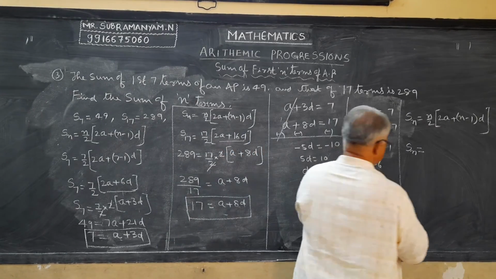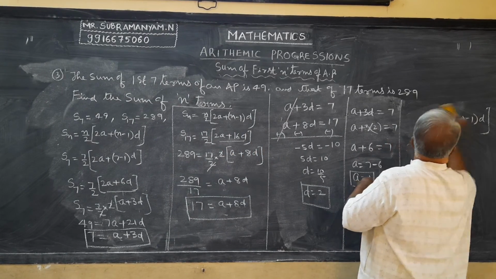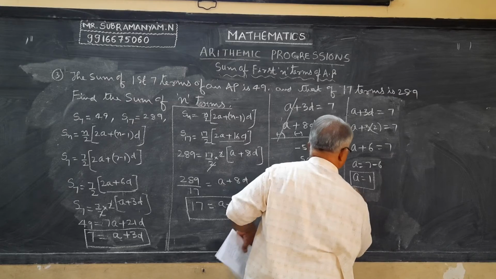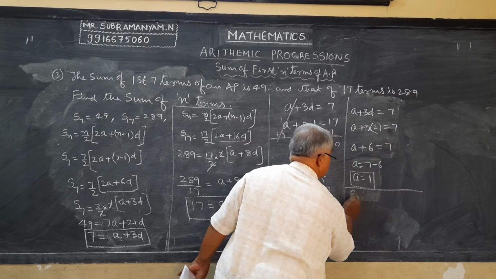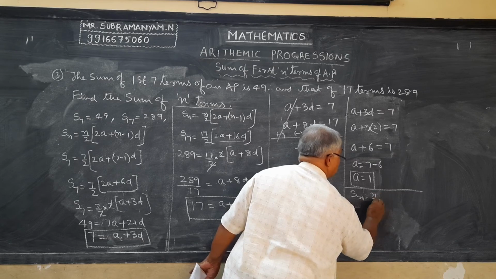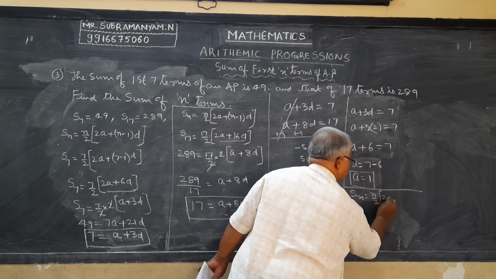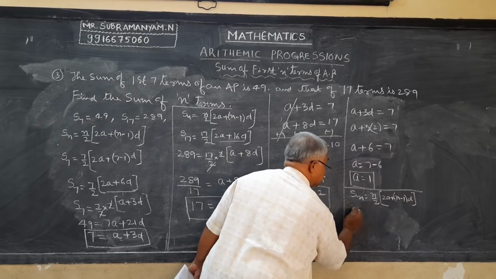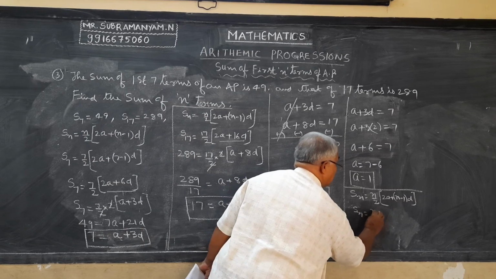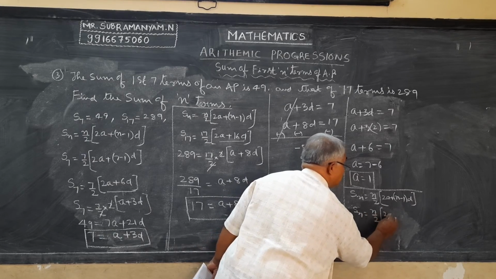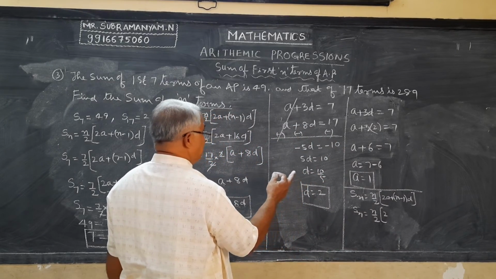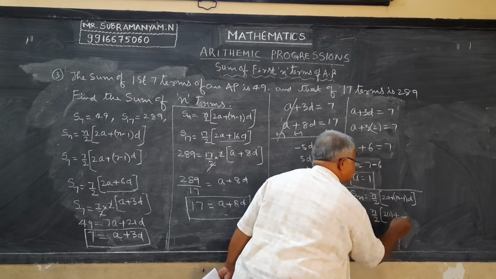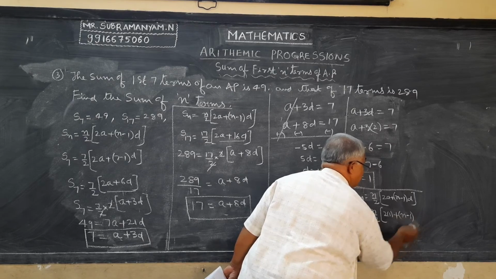So, now this I will write again here because it may not be visible. Sn equal to n by 2 into 2 into a value. We have calculated a value, it is 1. 2 into 1 plus n minus 1 into d value.